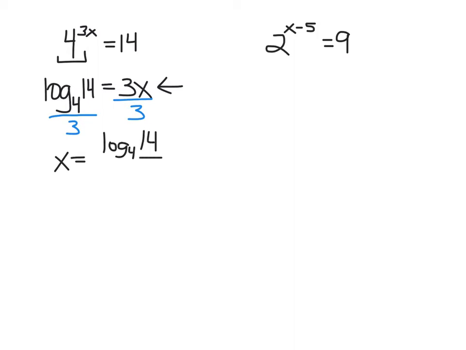So first, I don't usually write out every single one of these steps, but I'm going to today. I need to find log base 4 of 14. So what I'm going to do on my calculator is log 14 divided by log 4. Once again, you could use natural log if you would like as well. So I type that on my calculator, log 14 divided by log 4.